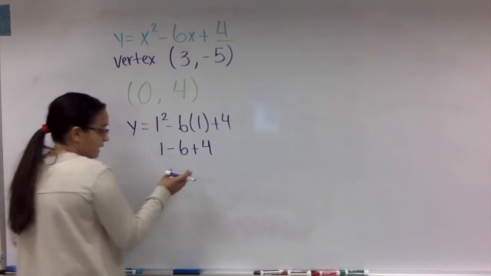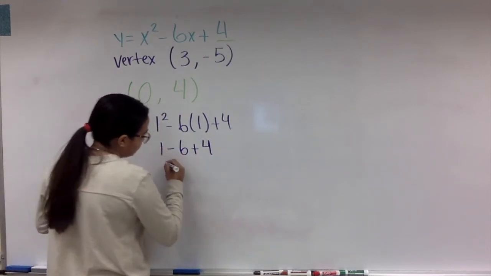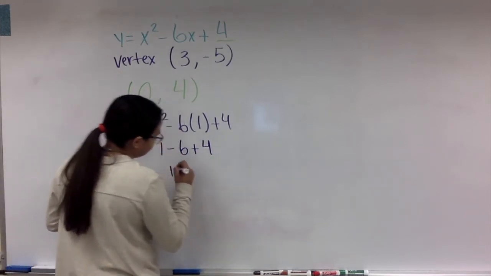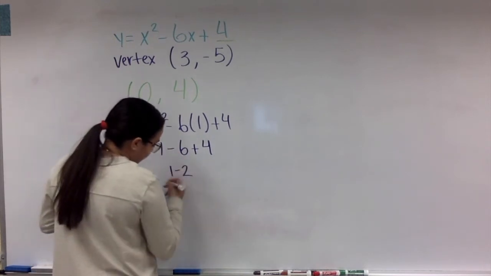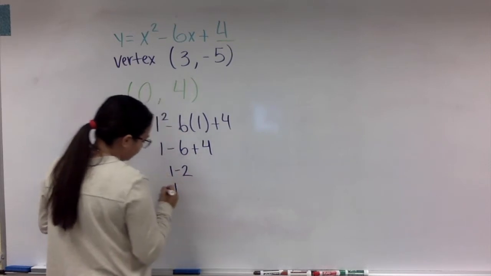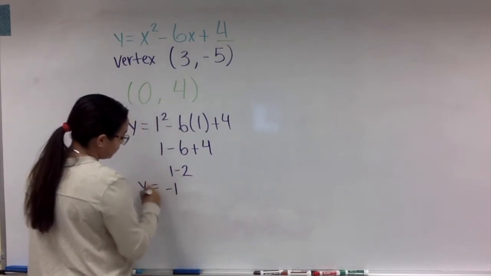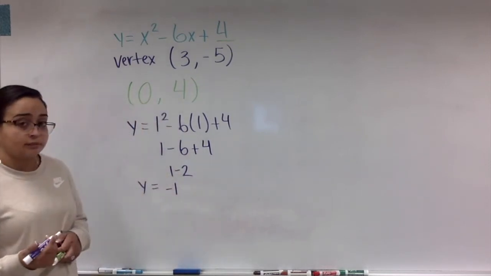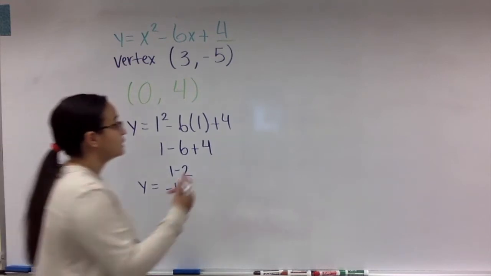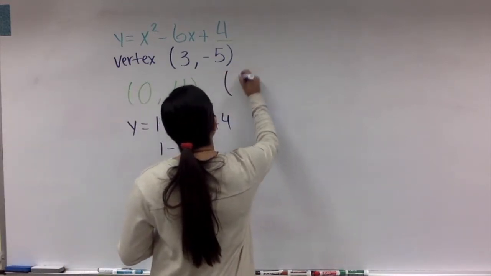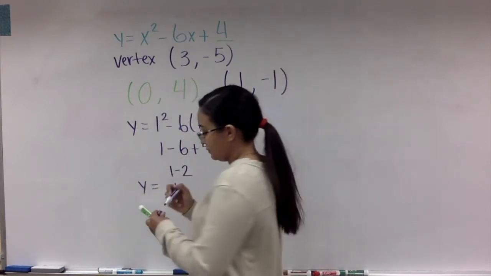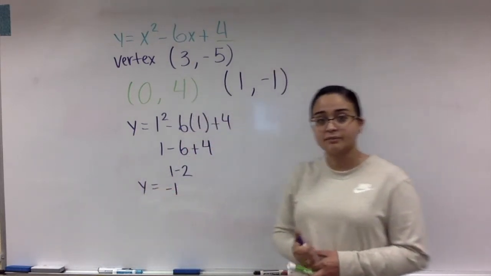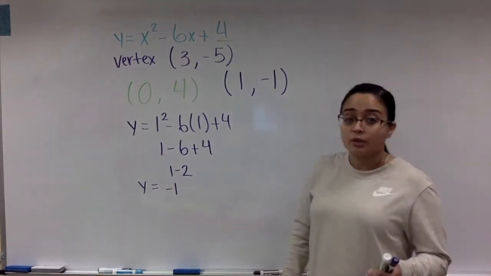If I add 4 and negative 6, that will leave me with negative 2. And if I add 1 and negative 2, it will leave me with negative 1. So y is going to be equal to negative 1, meaning that my second point is going to be 1 and negative 1. Okay? There are our two other points.